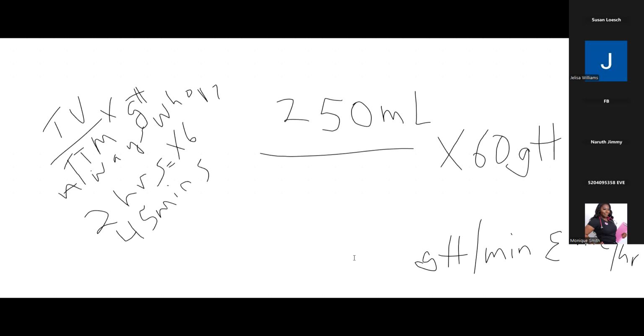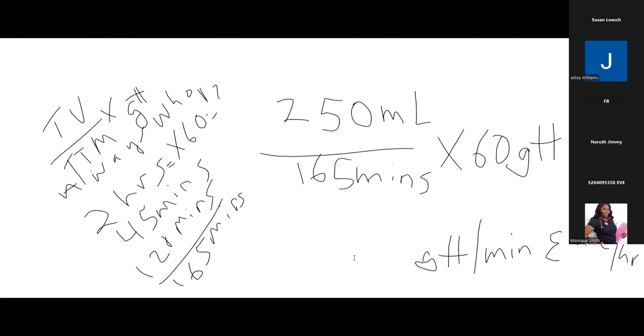So we're going to add that 120 to our 45, and that gives us 165 minutes. Okay, so now you're going to do the math. Take the 250 divided by the 165, right? And multiply that by the 60.